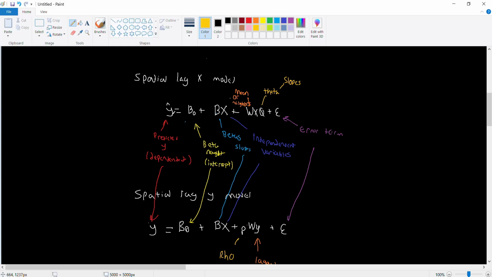The way that that's described is what's called an effect. Now, here's the thing. With the spatial lag models, because we now have these mean neighbors here, we can no longer directly interpret these as the effect, because changing our x here also impacts our neighbors here.